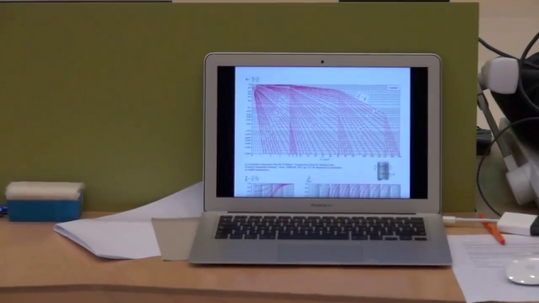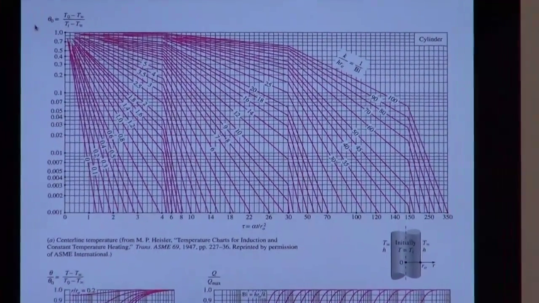Okay, so let's go to the graph. Tamarin, if you can look at that for me. There you go. So theta 0 is equal to 0.2978, and 1 divided by the Biot number is 0.177.